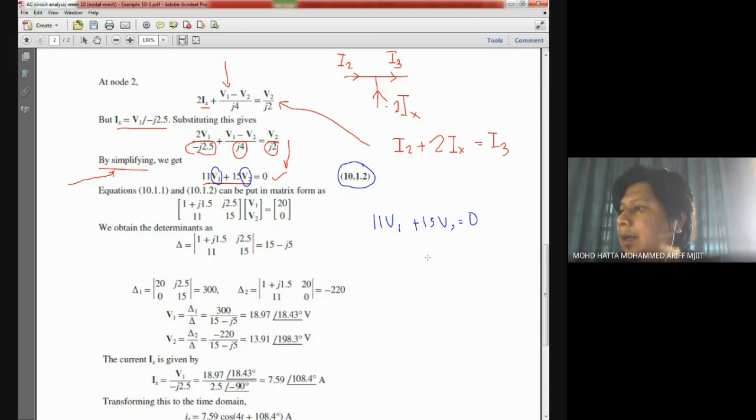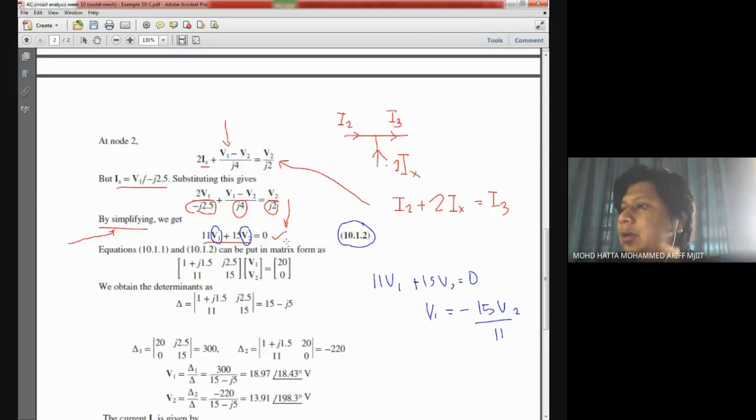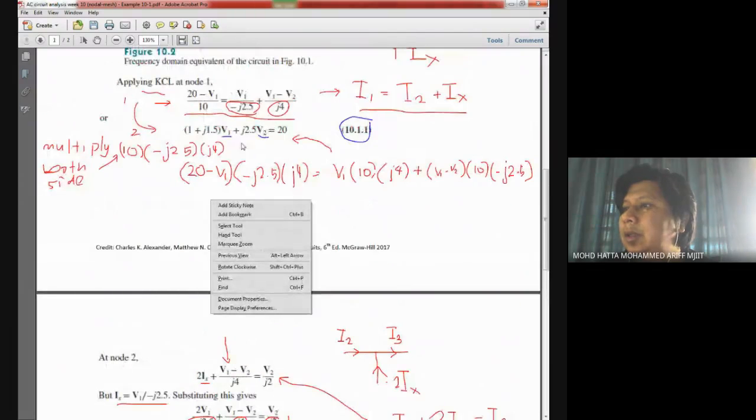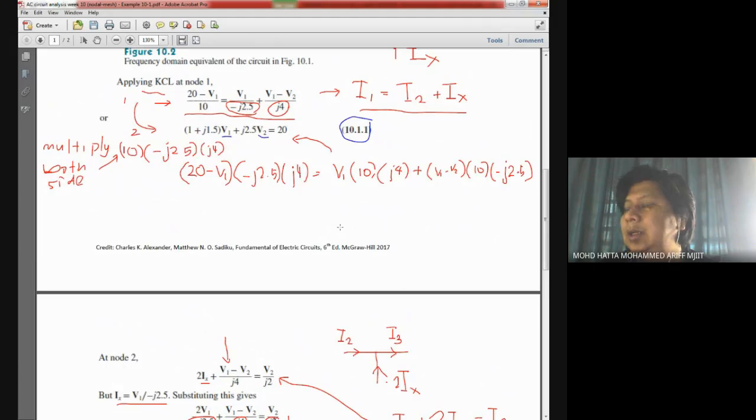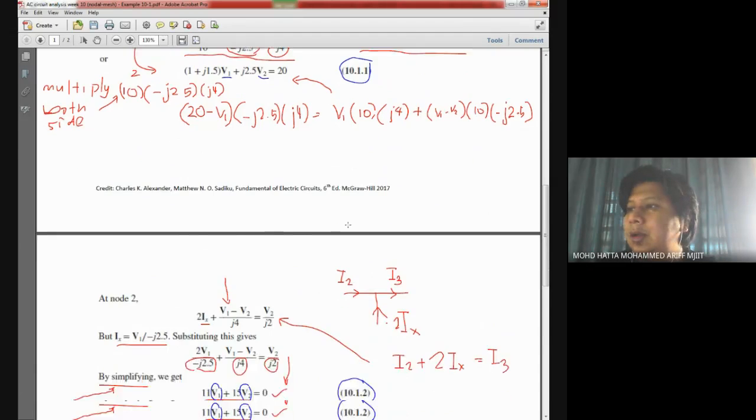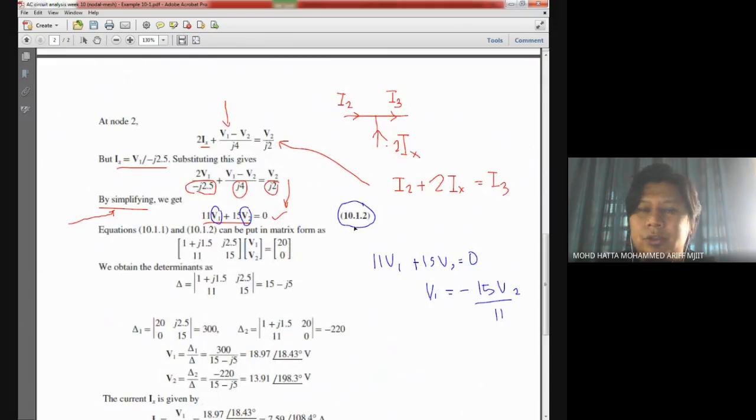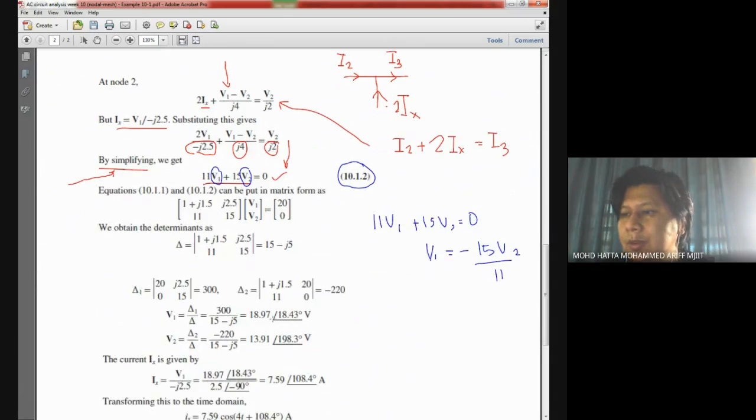And maybe I put it this way, V1 equals negative 15 V2 divided by 11. And I would substitute this V1 into this equation. Maybe that's the easiest way if you try to avoid this matrix form or finding the determinant and so on.